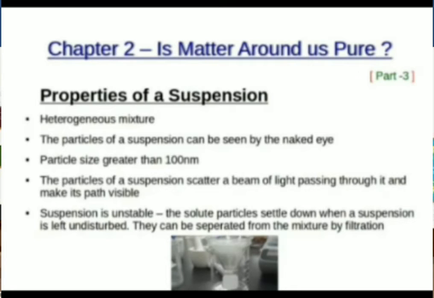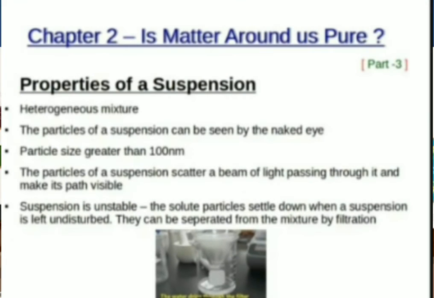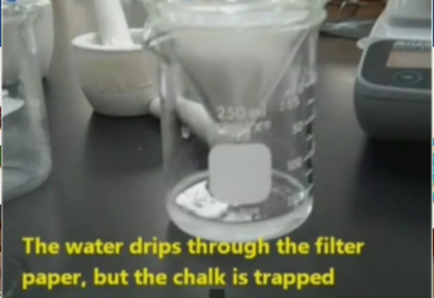The solute particles settle down when a suspension is left undisturbed. We can separate the mixture by the process of filtration.